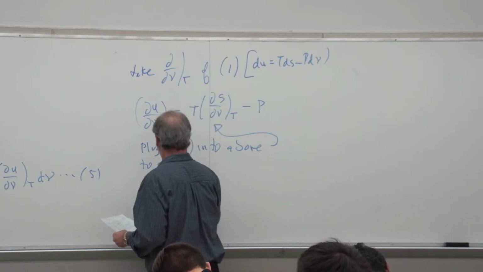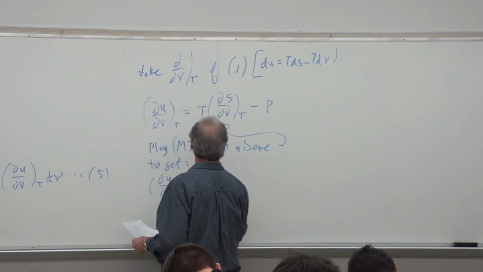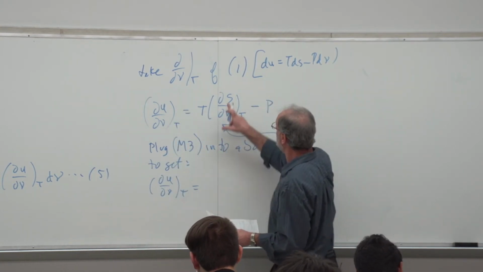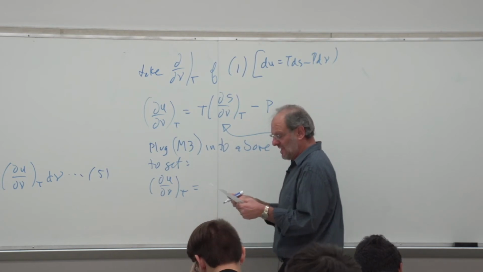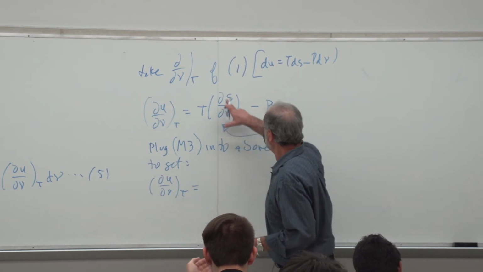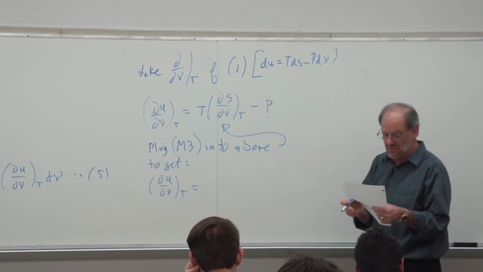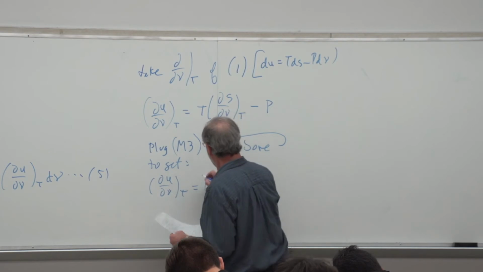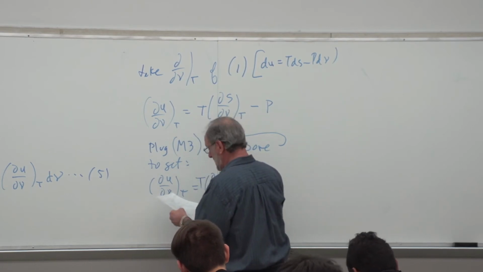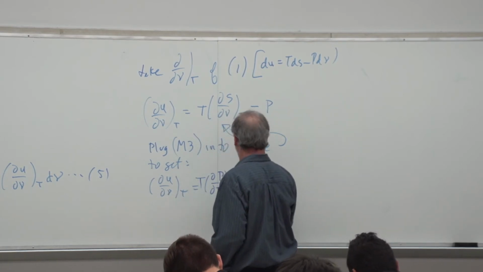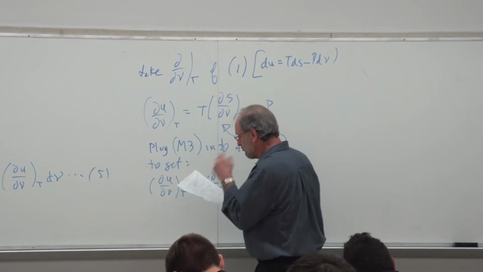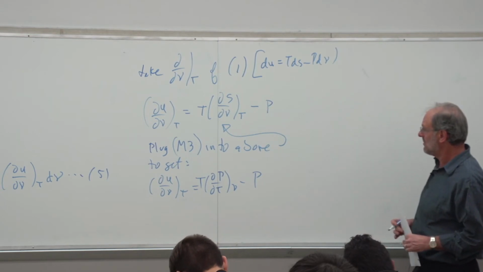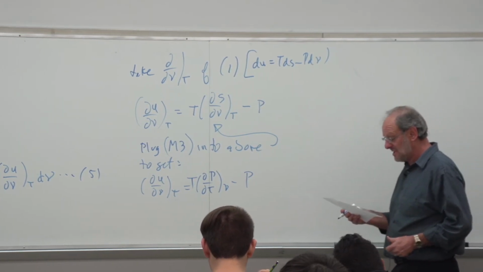So we get del U del V t equals, making the substitution, the third Maxwell relation I haven't written down, but it basically says that del S del V t is equal to del P del T v. So this equals, first of all, temperature times del P del T v, minus the pressure. All right, so that's our next step in this process.